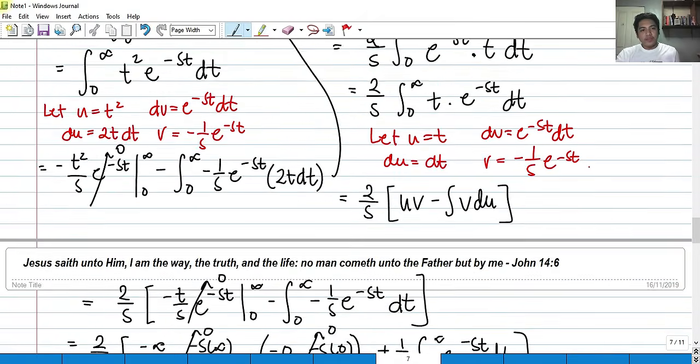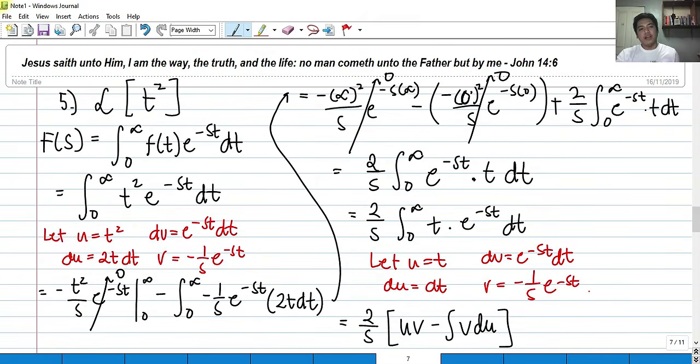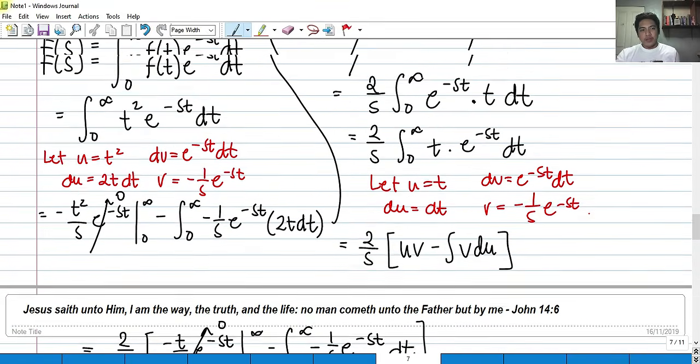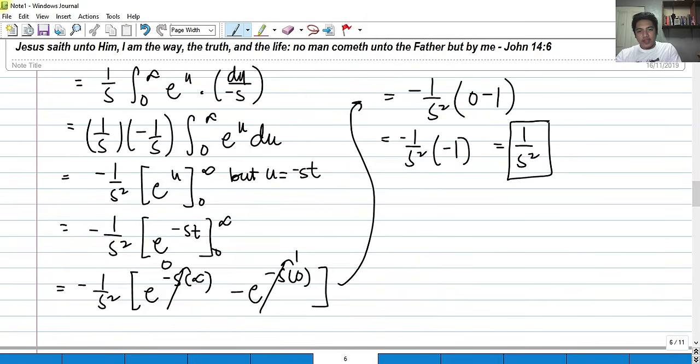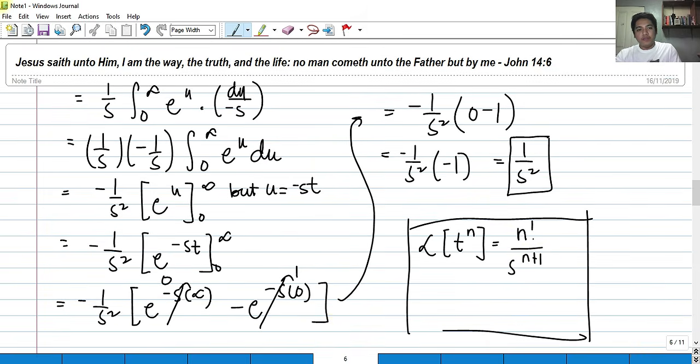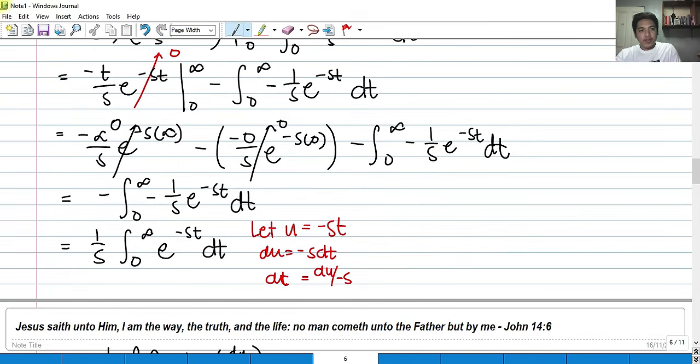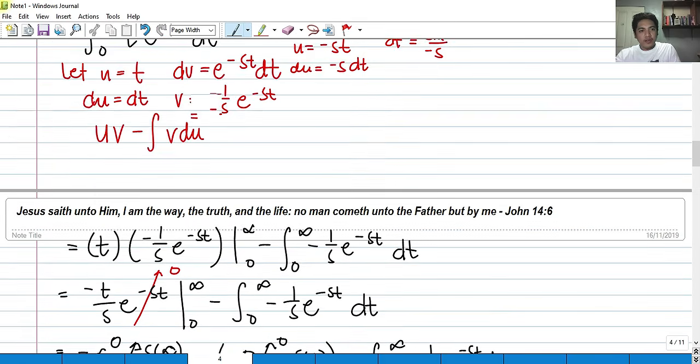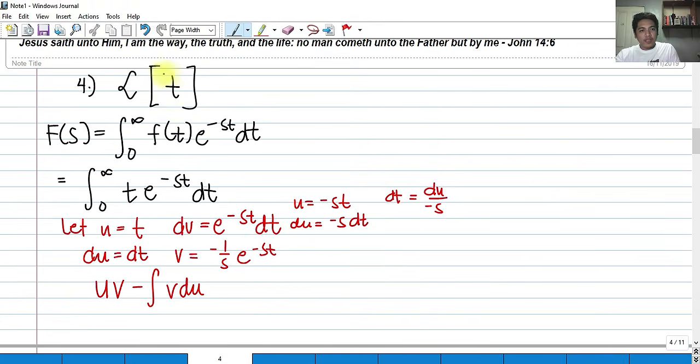So as you can see here, we have a formula in actually finding the Laplace transform of any t raised to n. And that is equivalent to n factorial over s raised to n plus 1. As you can see here, our f of t here is t.